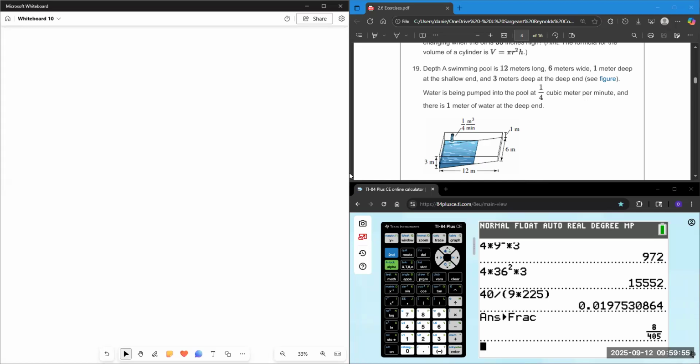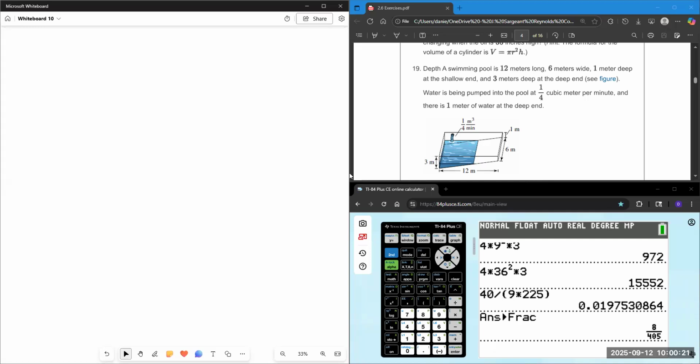It usually is like 3 feet, which is about a meter. So that's what they're saying there, is that it's going from about 3 feet deep to about 9 to 10 feet deep here at the deep end.